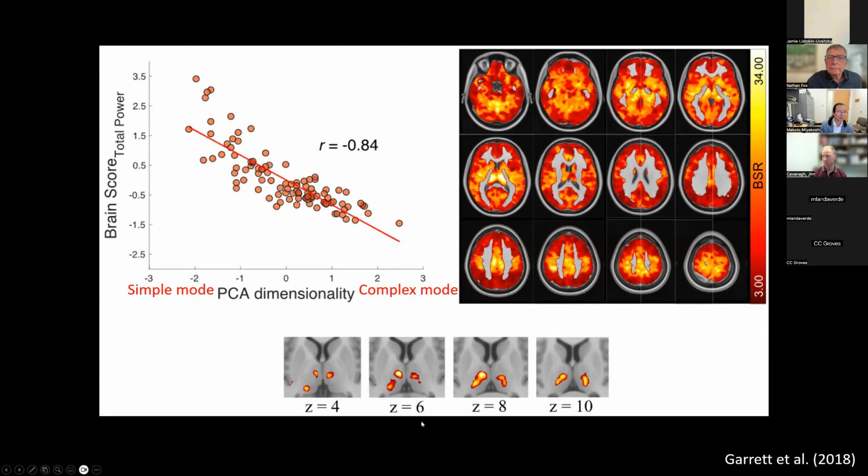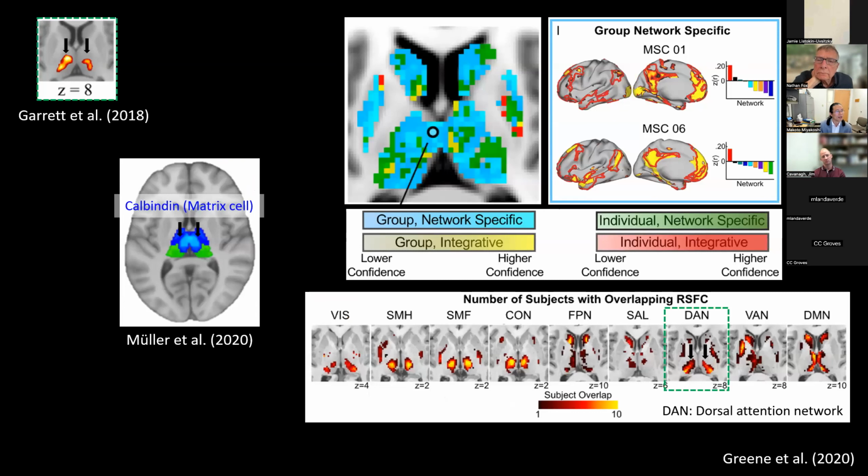PCA dimension simply means whether the brain oscillation or BOLD signal activation mode is a simple mode or a complex mode like this. And they found that the thalamic nucleus shows a strong negative correlation with the PCA dimensionality. So this means that when the thalamus activates more, the brain starts to activate in a simpler mode.